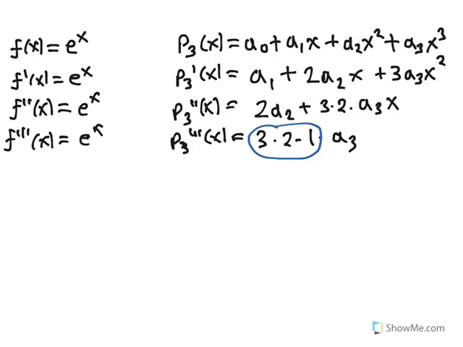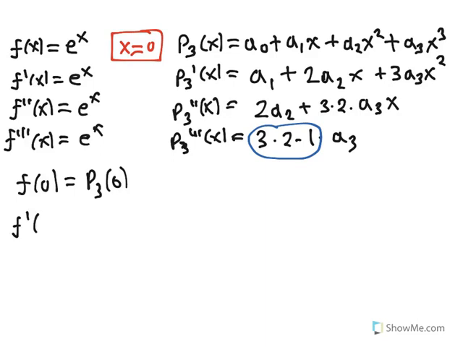So the next thing that we want to do is, as we've been saying before, we want to center our approximation at x is equal to 0. So our requirements are this: that the function evaluated at 0 be equal to the polynomial function evaluated at 0. The first derivative of the function evaluated at 0 be equal to the first derivative of the polynomial evaluated at 0.